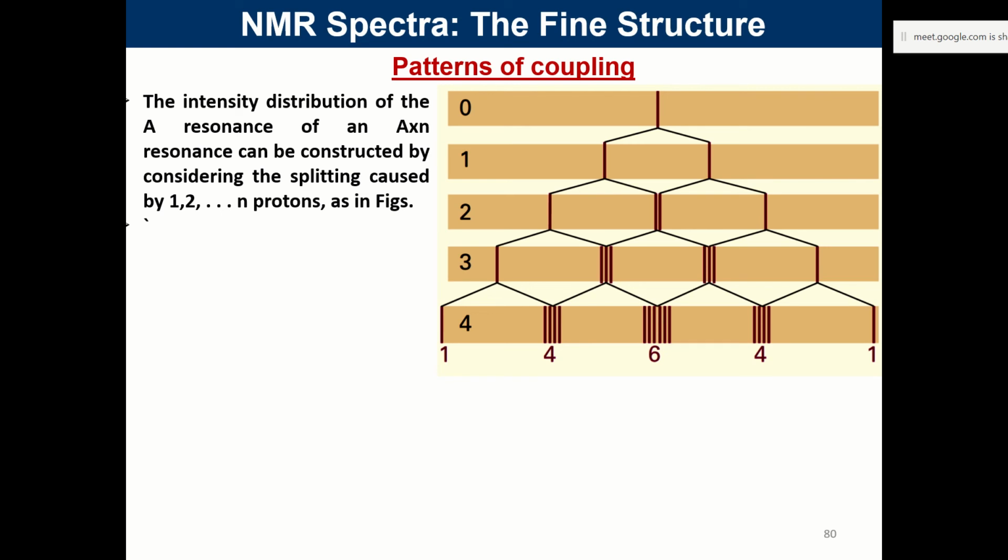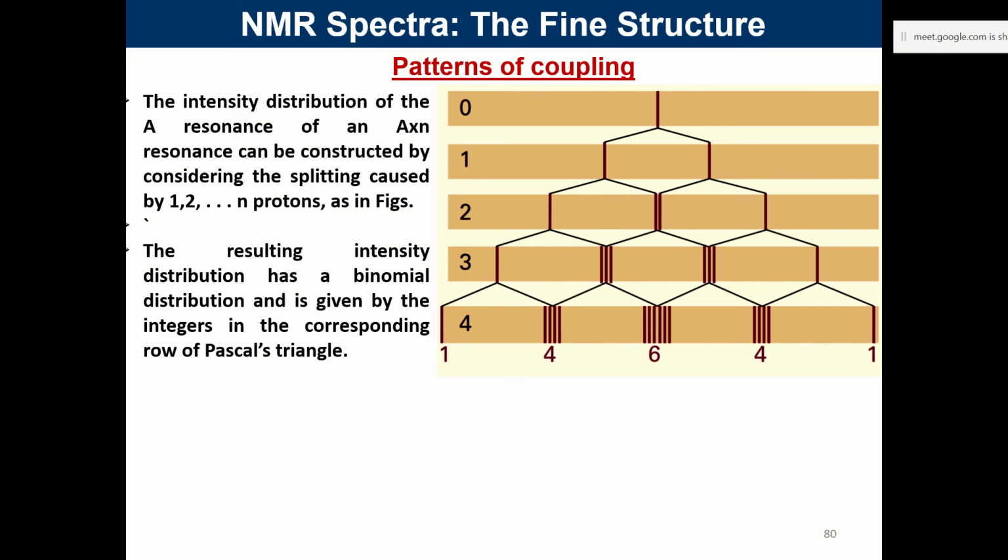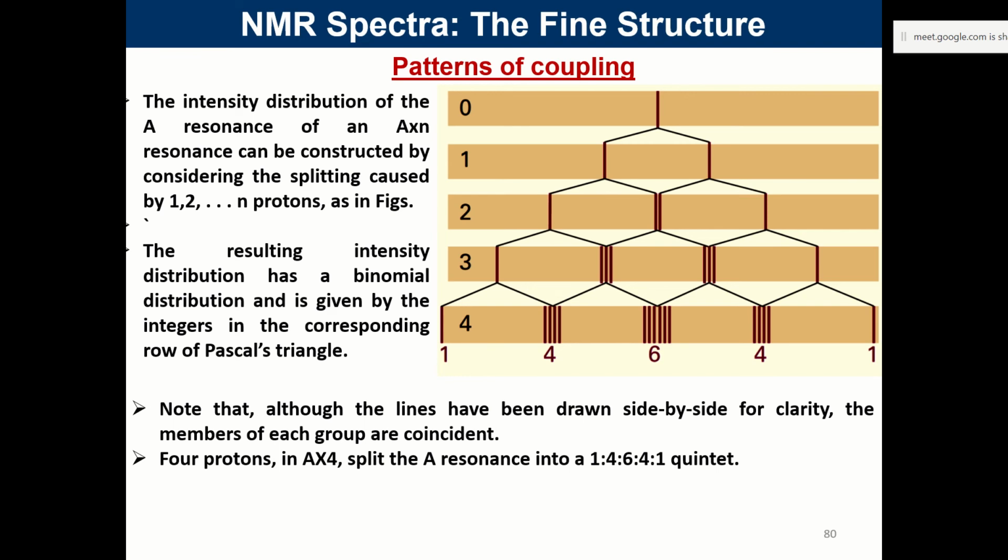This was the pattern of coupling, and we have already considered this Pascal triangle. So the intensity distribution of the A resonance of an AXn type system we can construct.